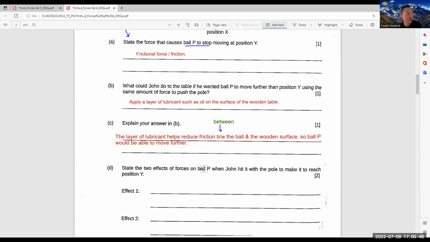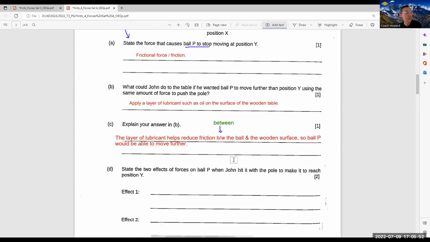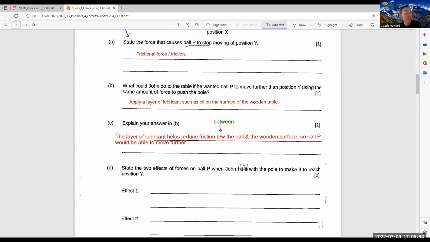State two effects of forces on ball P when John hit it with a pole. Number one, you can say it caused ball P to start moving from rest.